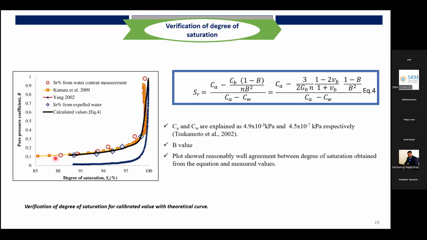Even increasing the degree of saturation up to 90 or 95%, the risk is almost insignificant. The problem is where the degree of saturation increases beyond 95% or 97%. There is a huge possibility where we need to mitigate the soil against the liquefaction problem.